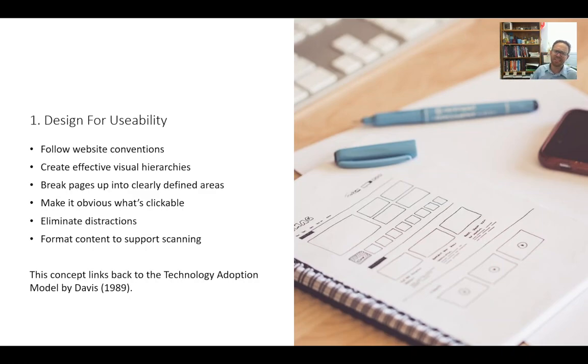The next one is to create effective visual hierarchies. Now by visual hierarchies, it's a design concept, and what it means is you want to think about what's the most important thing on your website. So hierarchy 1 is what's most important, and then hierarchy 2, what's next important. And then you want to design your page so that the most important thing that you want to attract attention to is designed in such a way that it frames that up.